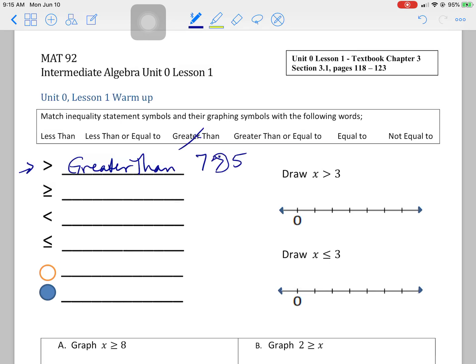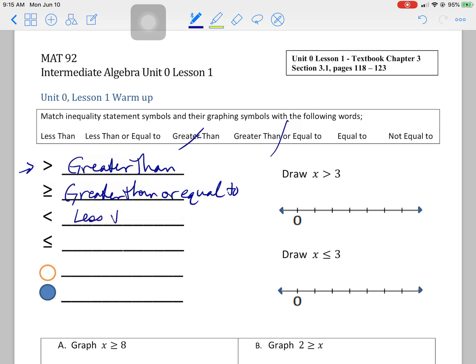However you want to remember, they say that the teeth face the bigger one because it's scared. I don't know if that works for you or not, but somehow you need to remember that this is a greater than symbol. This one then is the greater than or equal to.